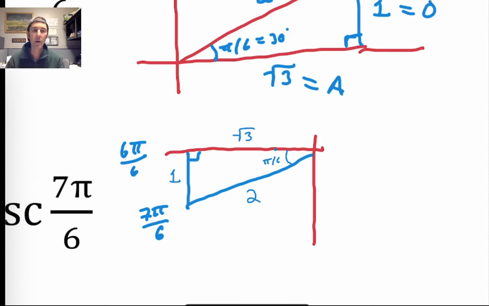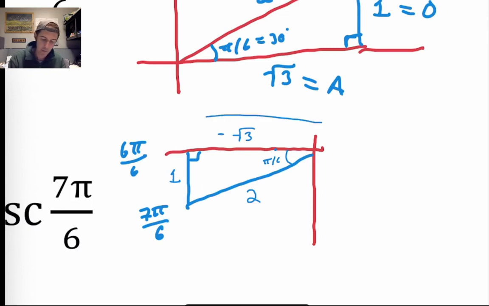I wrote that in. Now, be careful, because this is the origin right here, which means in order to get out to this point right here, we had to go to the left the square root of 3. And moving left is a negative movement. So I'm going to make this negative square root of 3.